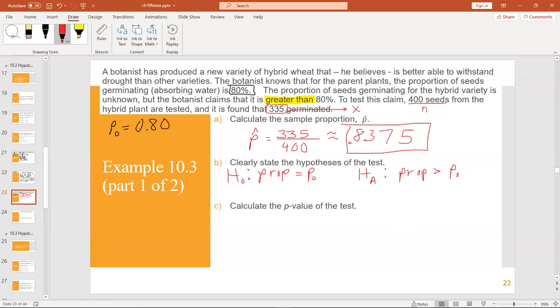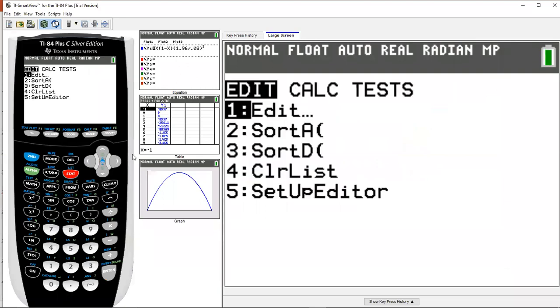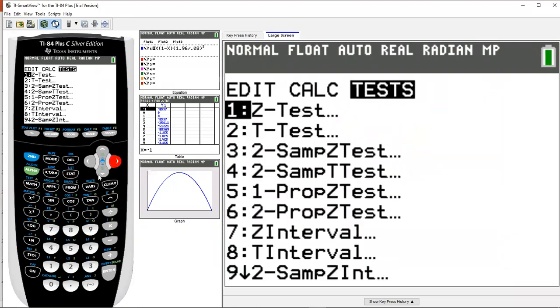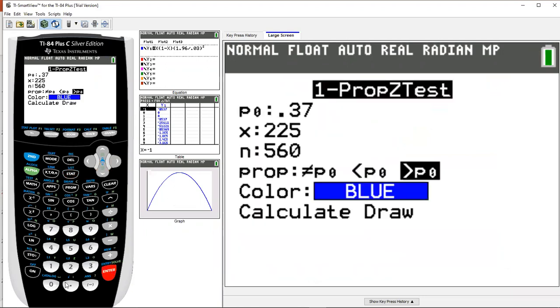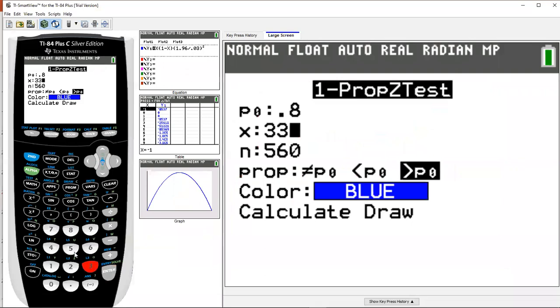Let's calculate the p-value, shall we? Break out the calculator, go to stat, head over to tests, go down to 1-PropZTest. Since we're doing proportions, we're doing a proportion test. This time P0 was 0.80. What was the X? It was 335. What's the N?